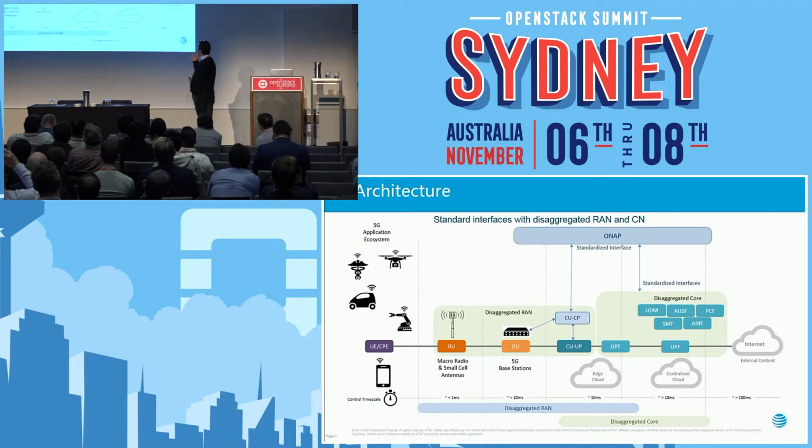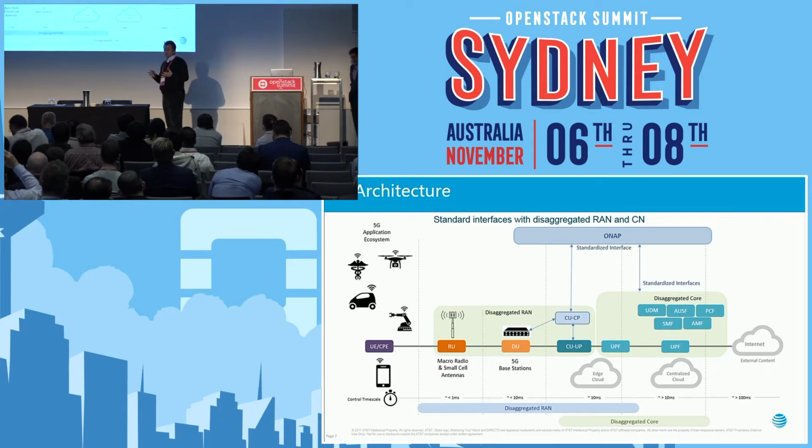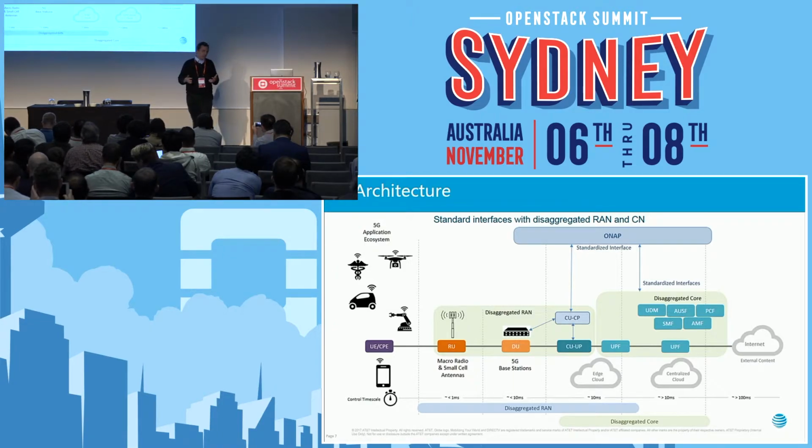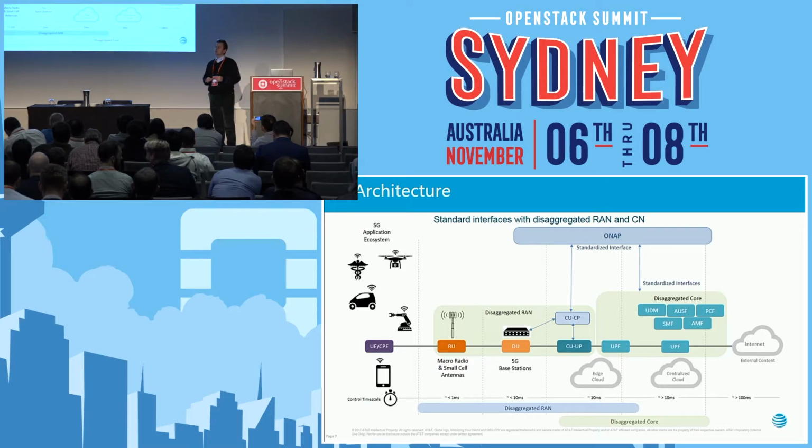And putting all these functionalities in containers or different types of workloads that you are very much focused on would not have been possible with our previous generation networks where we didn't have NFV capabilities fully developed.